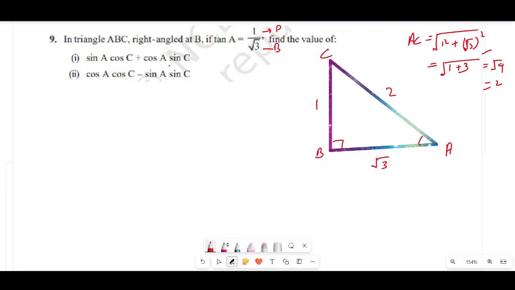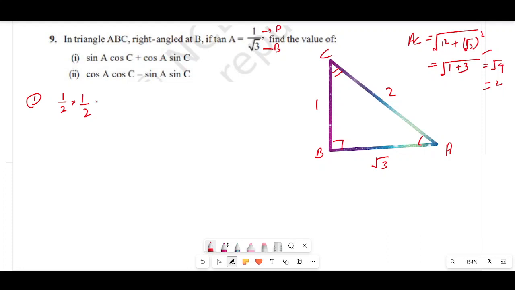Here sin A cos C plus cos A sin C. Clear? Then first sin A cos C. What is the value of sin A? Sin A means perpendicular upon hypotenuse, so 1 by 2. Now cos C. What is the value of cos C? Base upon hypotenuse. So for cos C, base will be 1 and hypotenuse will be 2.